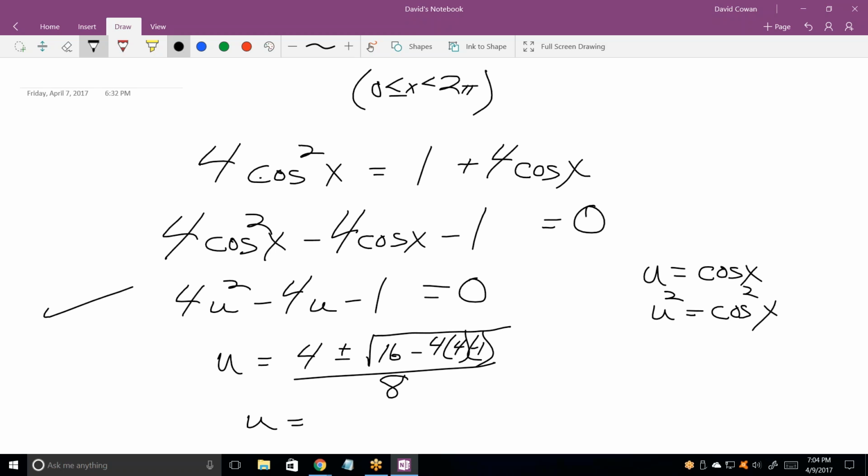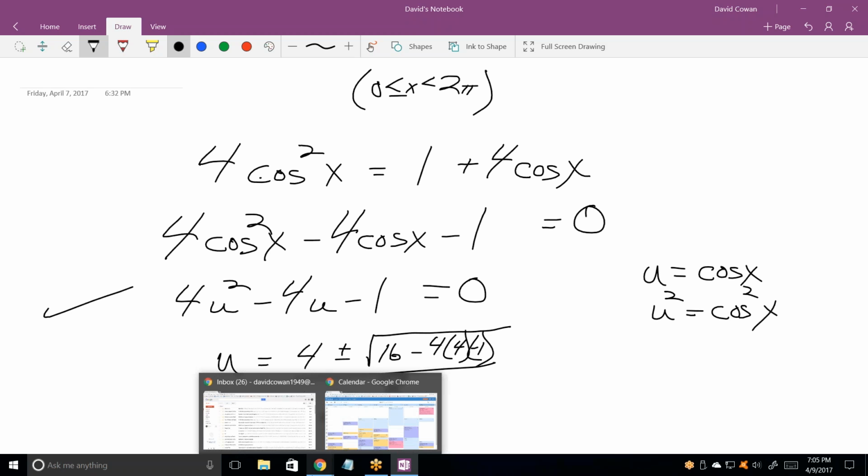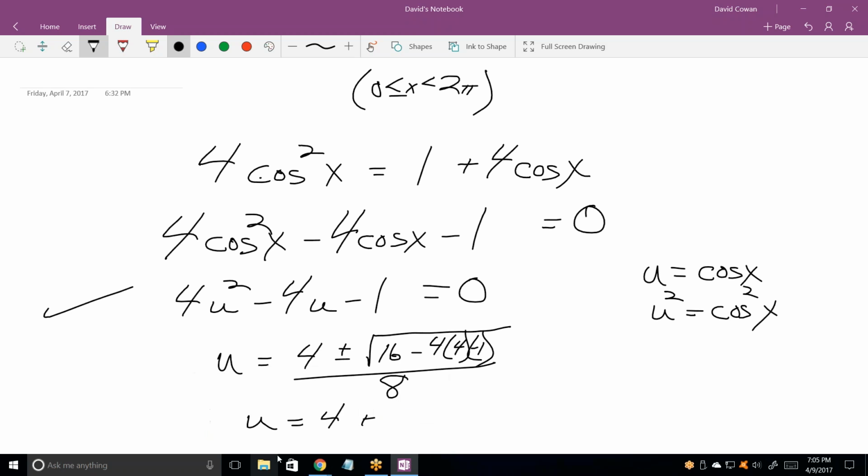So what's u equal to? 4 plus what? What's the discriminant going to be? In other words, this amount. Okay, good. So square root of 32 all over 8, and it's plus or minus.